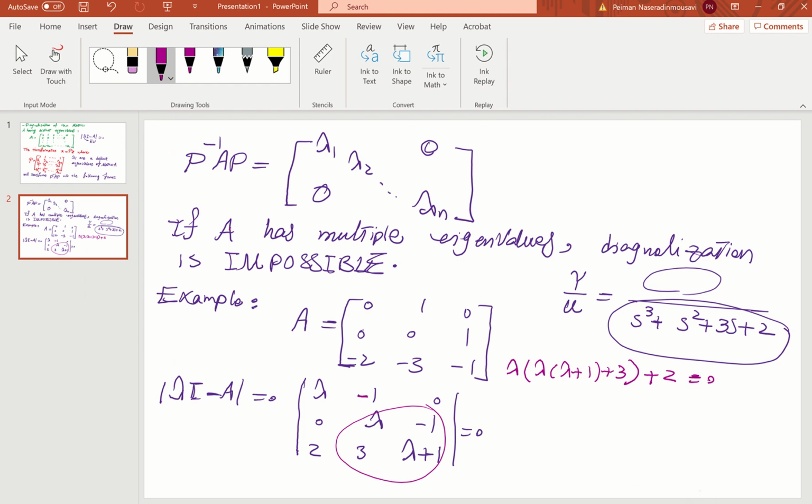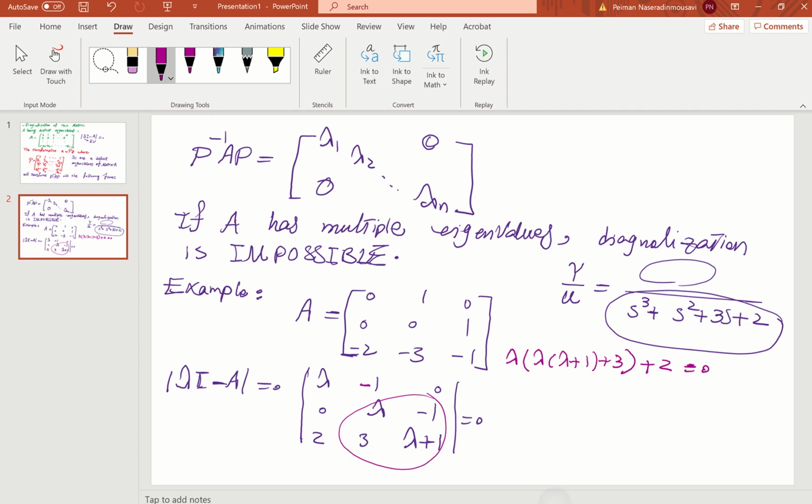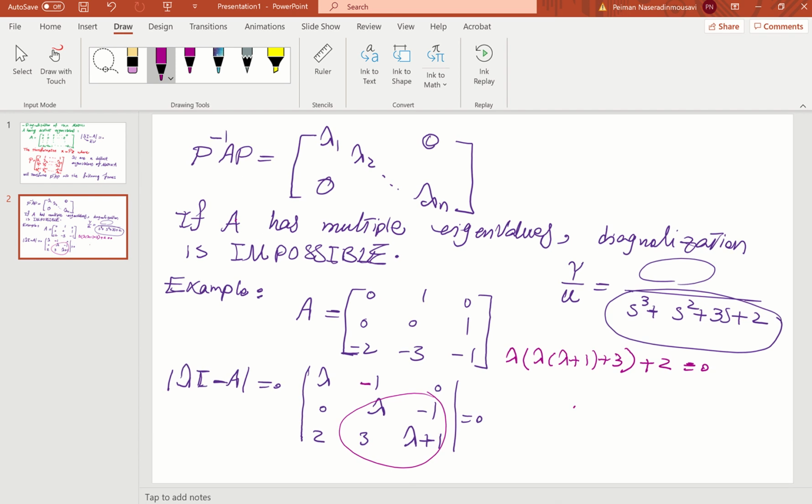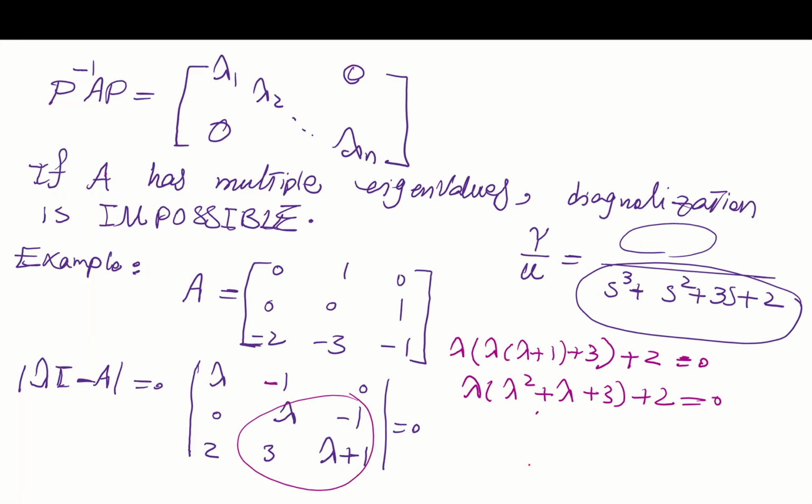So we get lambda times lambda squared plus lambda plus 3, plus 2, is 0. So your equation.